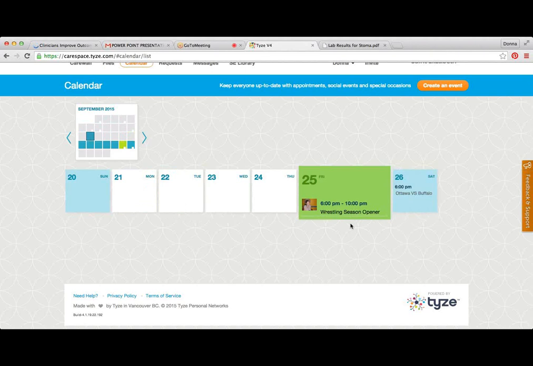Those kinds of information, and all parents of complex care children will tell you that a huge majority of their time is spent communicating those kinds of messages to a large team of people who need to know.